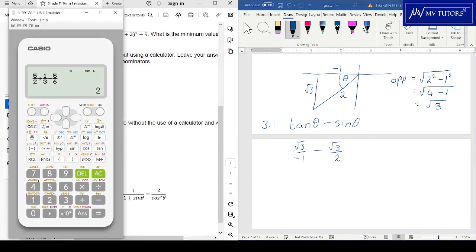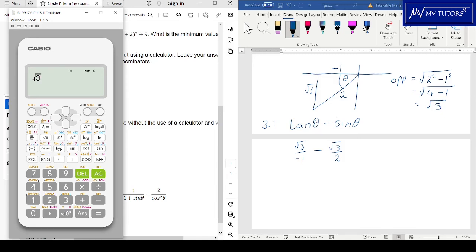Let's just put this in a calculator. Don't even try to do it in your head. Square root of 3 minus the square root of 3 over 2. That's not how I want it. Start again.